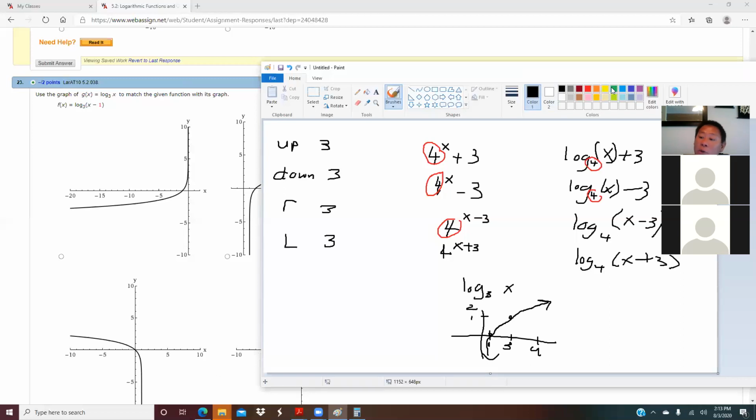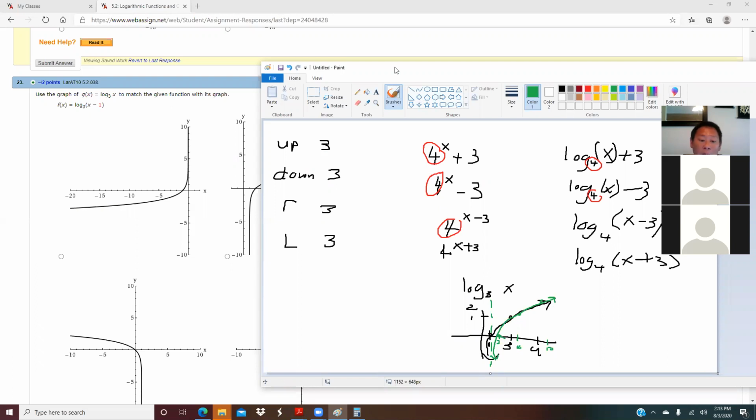Now what you need to do with this graph is you told me to move right 1, right? So this graph, which is at 1 here, will move to 2. This one used to be at 3, it will move to 4. This one used to be at 9, it will move to 10. Now your vertical asymptote used to be at 0. Now you have to move it to 1. That means that it never crosses at 1 here. So your graph in this case will look something like this. So that means that now it's at 2.